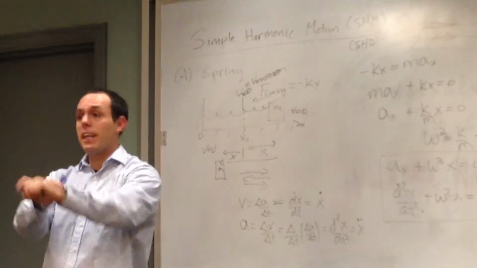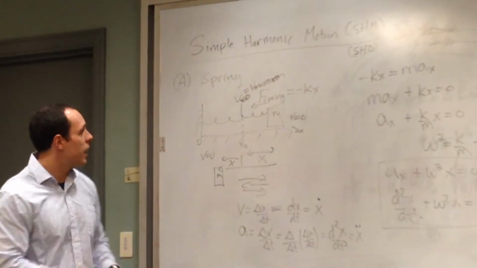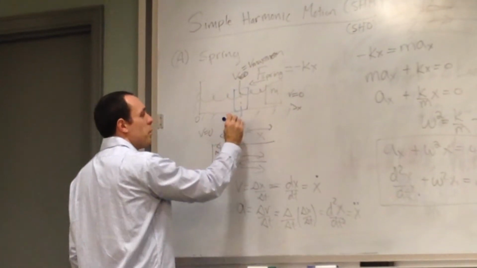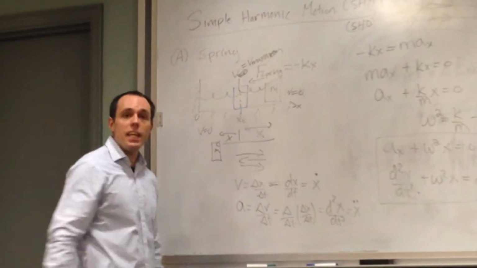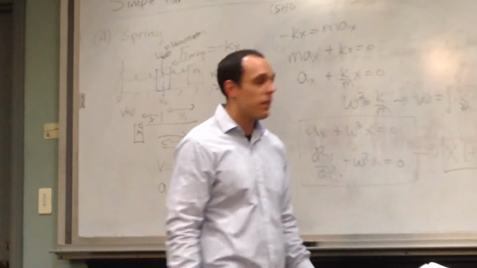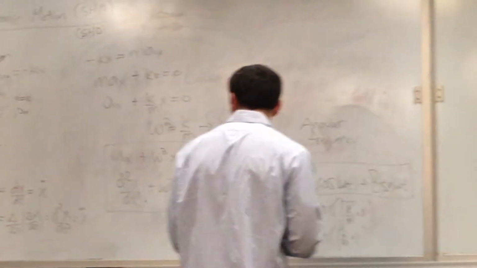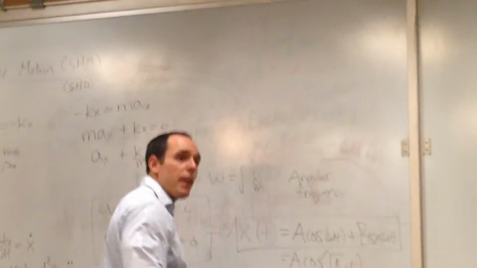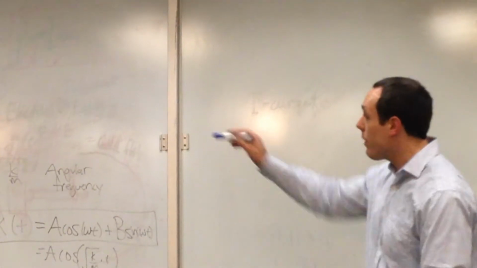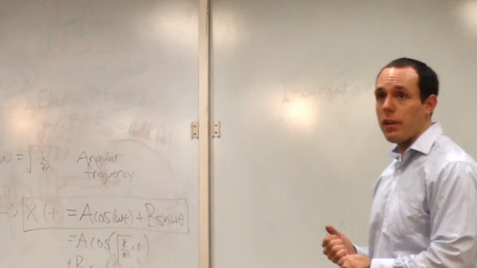And I just come up and I say, I have my stopwatch, time starts now. Let's say it happened to be in this position, where the position on the x-axis is the equilibrium position, x of 0. That's what I call time t equals 0. So once again, it's me just specifying initial conditions, meaning I specify when I declare time equals 0. And I declare time equals 0 to be at that position.